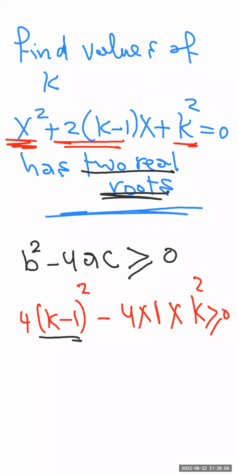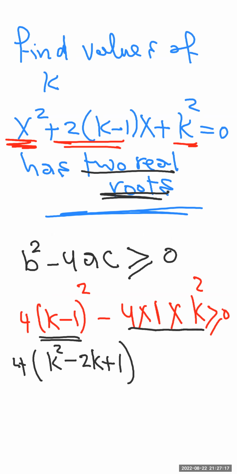This bracket squared, it will equal 4 first, then the bracket (k minus 1) all to the power 2: the first term squared, k squared, minus first times the second times 2, 2k, plus second squared, plus 1. Then minus 4 times 1 times k squared, meaning minus 4k squared, greater than or equal 0.